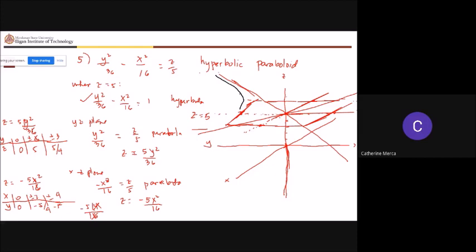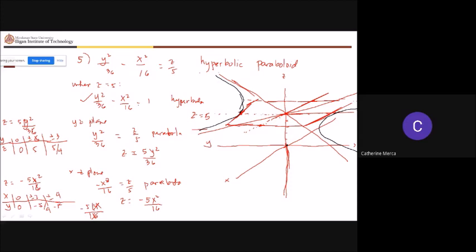And then in the YZ plane you will have a parabola. You have this when y is equal to 0, z is 0. In the YZ plane, y, then here z. So when y is 0, z is also 0.